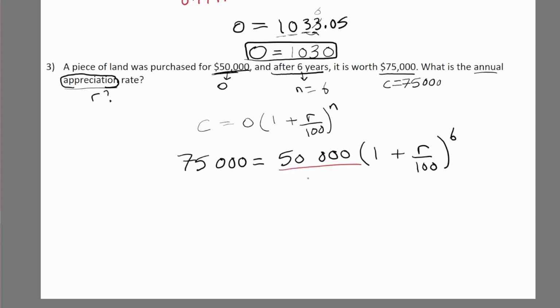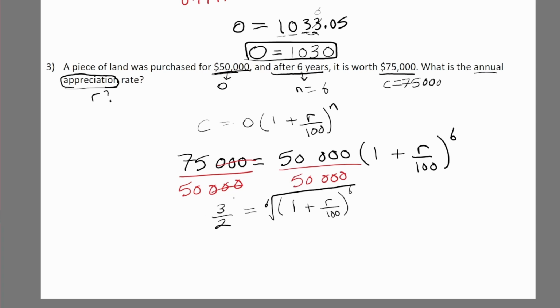So we're gonna divide through both sides by 50,000. So those three zeros will cancel out. If you plug the thing on your calculator, it will simplify to 3 over 2 is equal to 1 plus r over 100 to the power of 6. And now we want to get rid of the power of 6, so we're going to take the root with a base of 6.